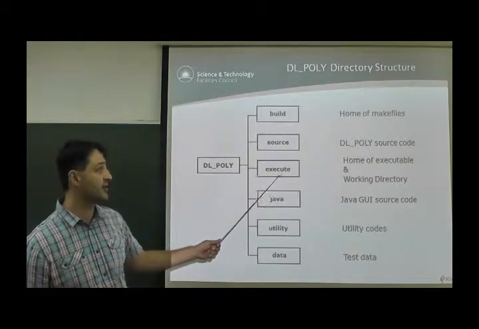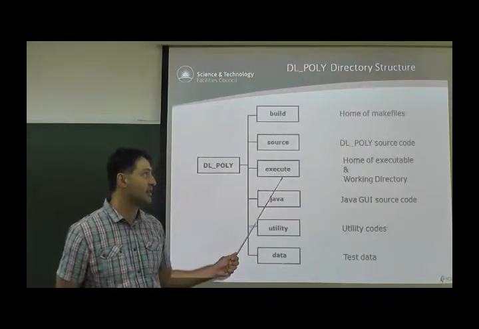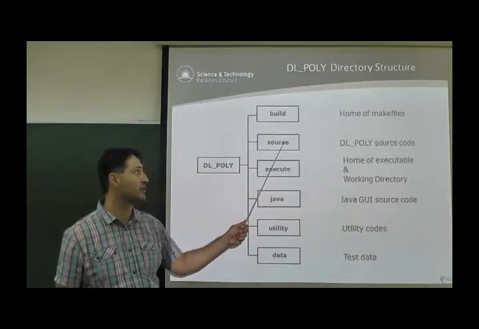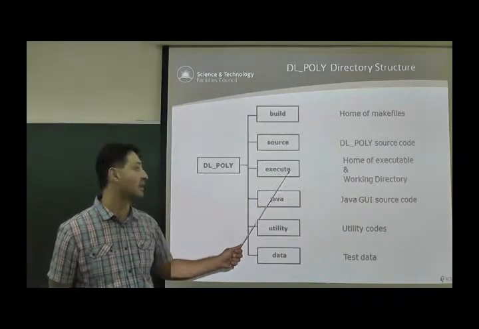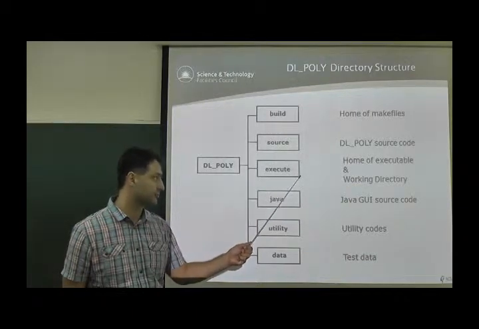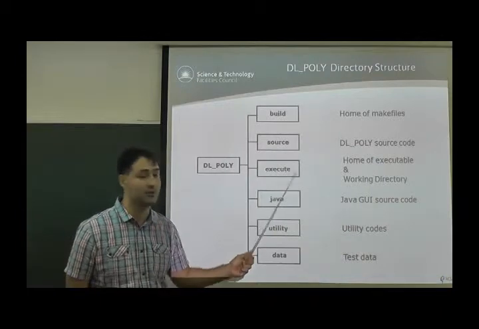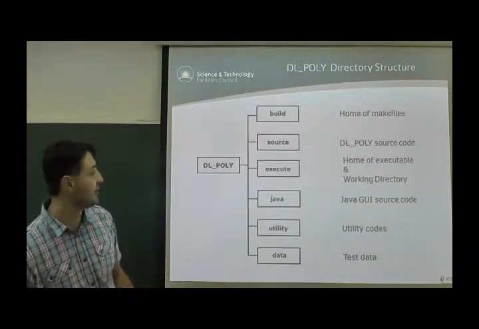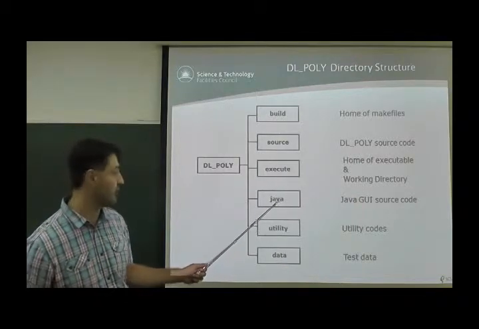Then you have an execute directory with a few scripts that you may find useful, but this is the directory where, if you're successful compiling the source using one of the makefiles in build, you will have a binary executable file that you can use to run any system that you have in a DL_POLY format.